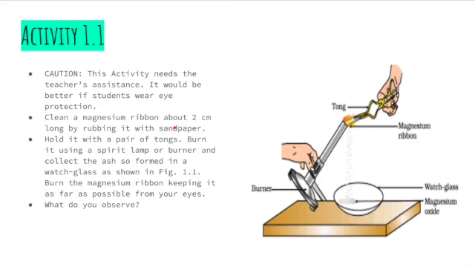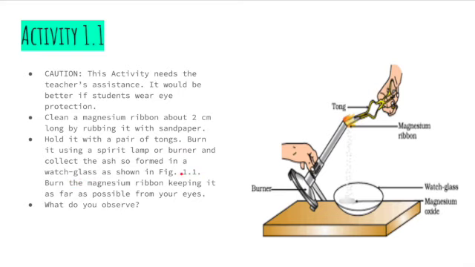We cannot take it like that because if it is reacting with carbon dioxide and oxygen, then the reaction of this process will be really slow. So you need to rub it with sandpaper, because on the magnesium ribbon there is magnesium carbonate formed, which you need to rub off so the reaction becomes quick.